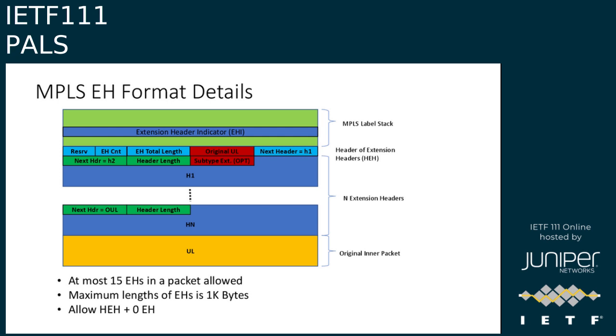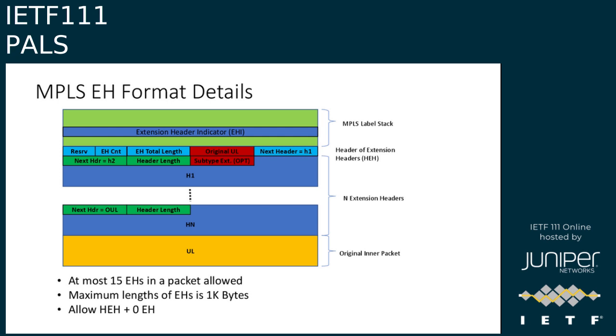The first 4 bits are reserved. Then the next 4 bits are the extension header counter, to indicate how many extension headers we have in this packet, which means we can have up to 15 extension headers in the packet. Then after that is the extension header total length.